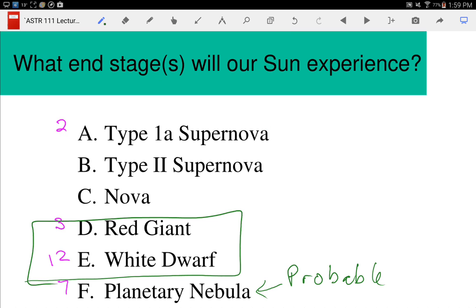Okay, we had two people that said a type 1a supernova. What has type 1a supernovas? Always white dwarfs, right? So why won't our sun become a type 1a supernova? It will not. It's not now, but it has to start as less than 1.4 solar masses and get up there.